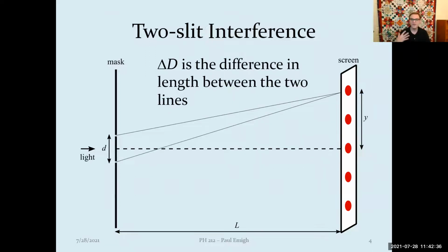We know conceptually that distance is the difference in length between the two lines that I have drawn here. So I'm imagining that I'm up there at the upper maximum bright spot on the screen. I get out a ruler and measure how far I am from one slit, and I get out a ruler and measure how far I am from the second one, and then you take the difference between those two lines.